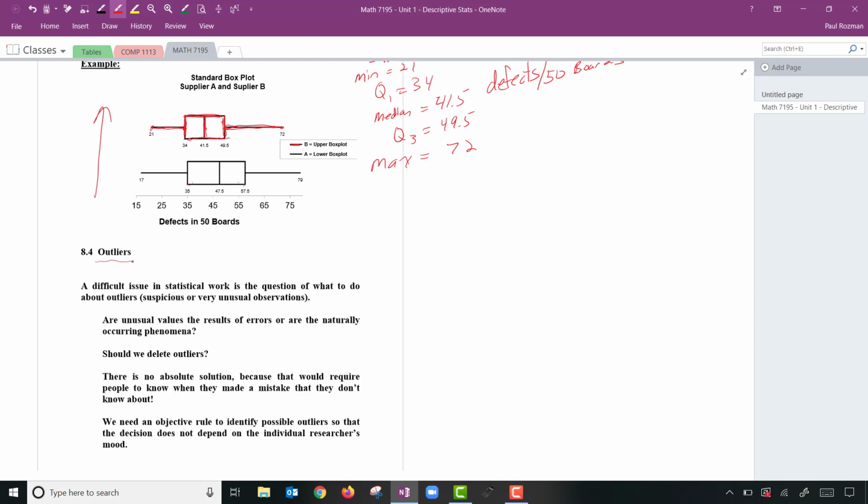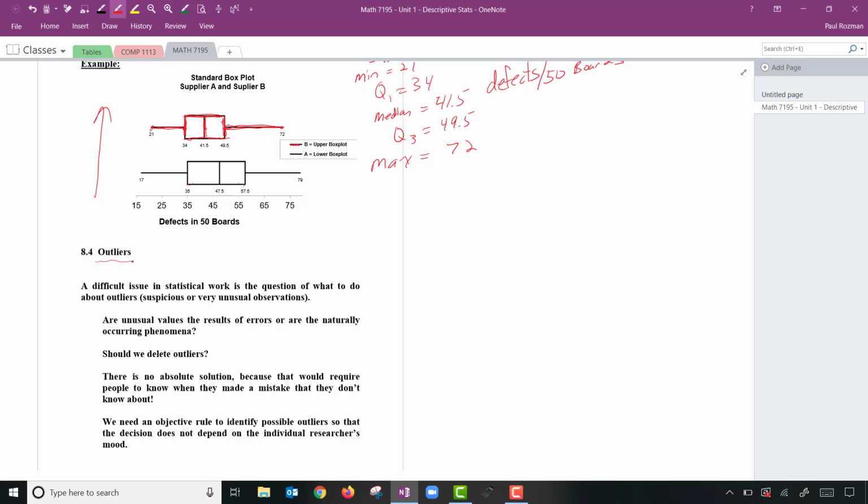Should you delete it? Should you include it? It sort of depends on your situation. Do you suspect it was an error? Then maybe it's possible you could delete it. If it's something that just occurs naturally, then you probably should leave it in there. But again, this is something that is rather philosophical and also situation dependent.